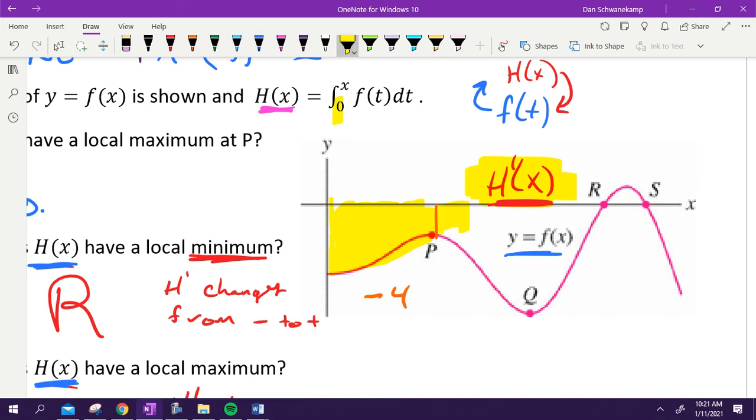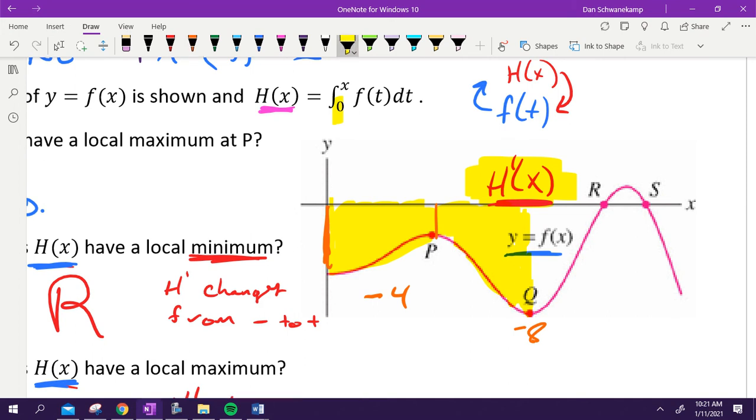So let's keep going. Let's go till Q. What now do you think the area under the curve is? Negative 8, right? Because I'm starting at 0. I have negative, and then I have more negative area.